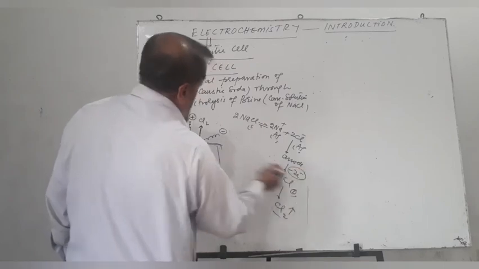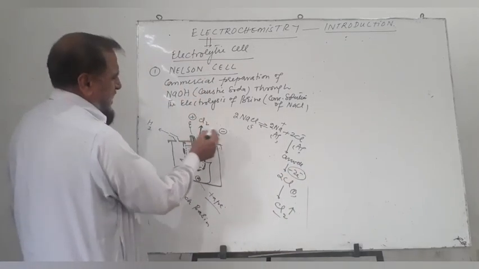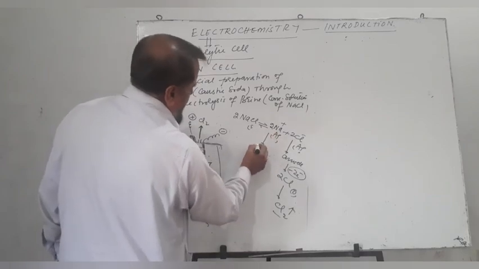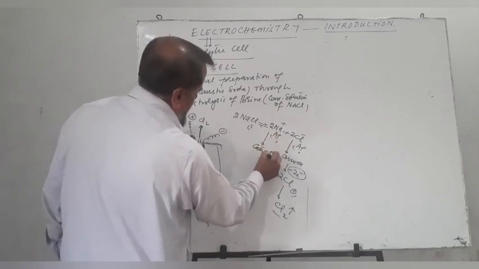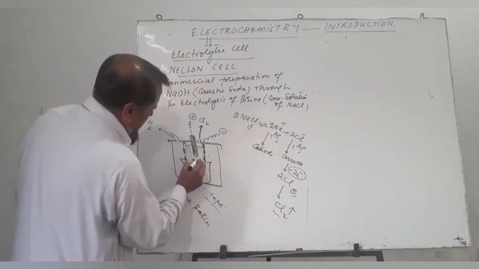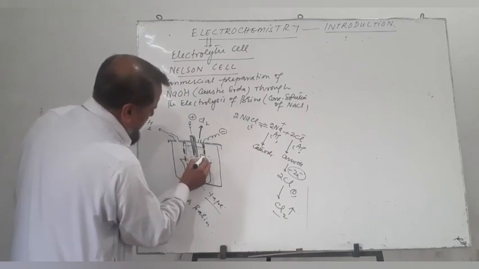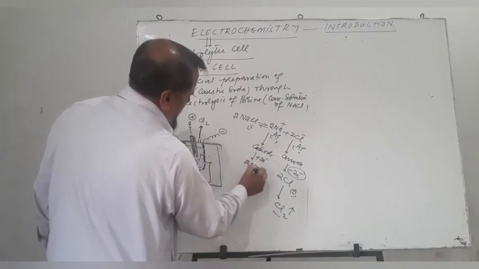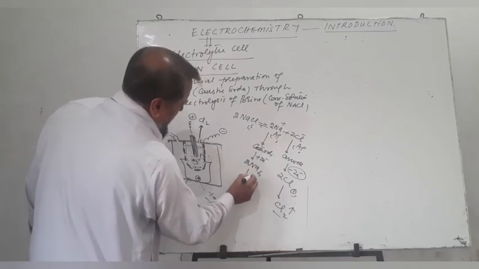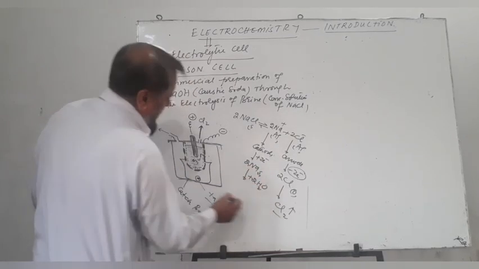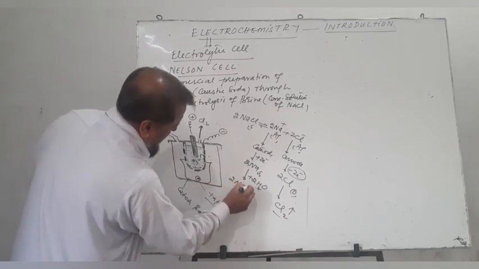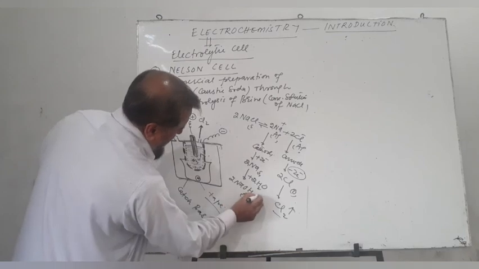These 2 electrons come through the circuit and the battery towards the other electrode, which is cathode. The sodium ions pass through the perforations and the asbestos diaphragm towards the cathode, and accepting 2 electrons change into sodium atoms, and these sodium atoms then combine with water molecules which are present in the asbestos diaphragm and produce sodium hydroxide solution and liberate hydrogen gas.